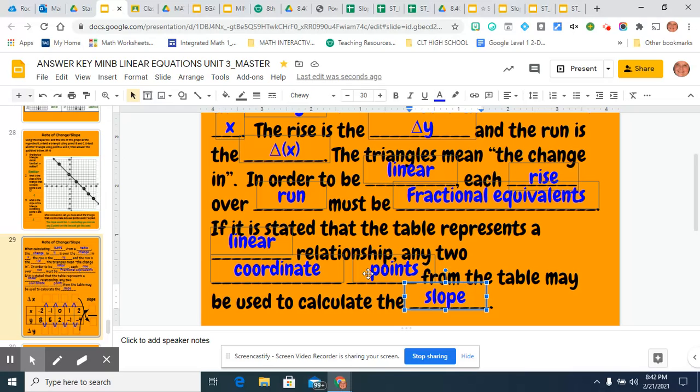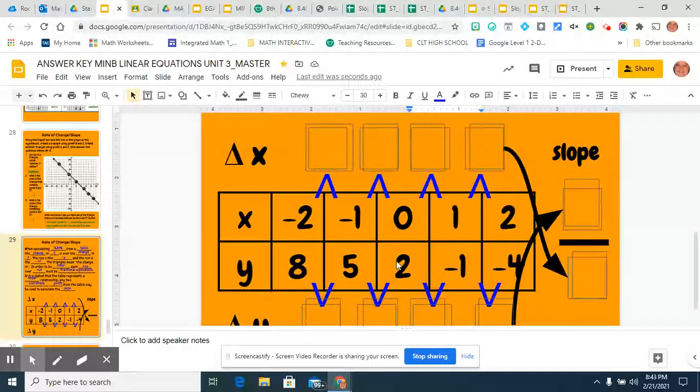Just like on the graph, when we said it didn't matter which two points we chose, as long as they lay on the graph, we would get the slope. If the table is linear, it doesn't matter which two points from the table we choose, we should still get the same fractional relationship. So what does this look like? This is a table, and I just use these little knots here to determine where I'm going to find the change.